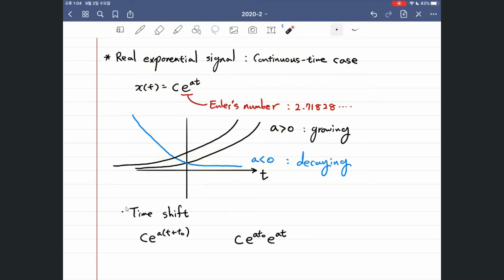And this time shift can be thought of as a scale change, like multiplying the original function by some constant.